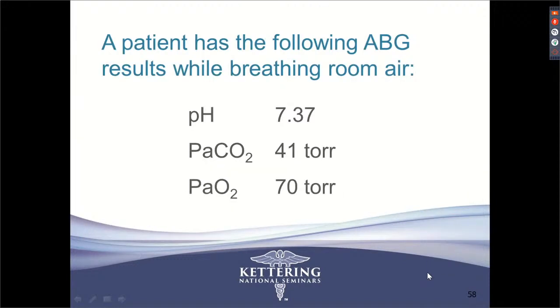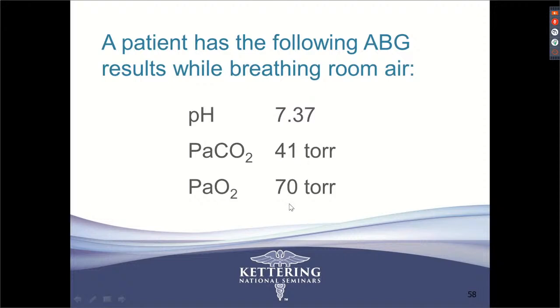Now, we have an example of interpreting this blood gas here. So here we are. The patient is breathing room air, and they have a CO2 of 41, but a PO2 of 70. So what does that mean? What's causing my problem with my oxygenation here? I've got good ventilation, but bad oxygenation. Is my problem with ventilation? Nope.